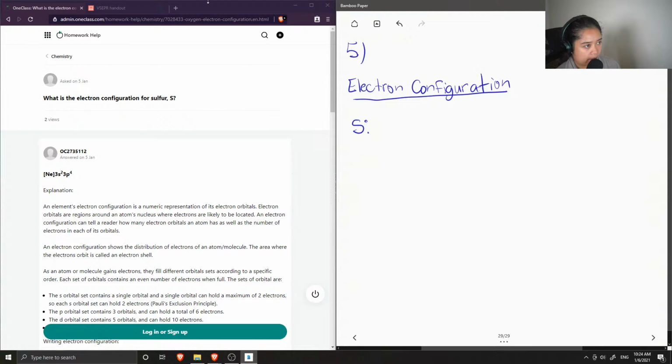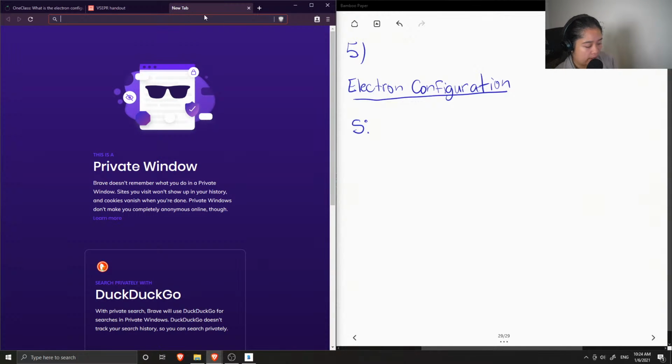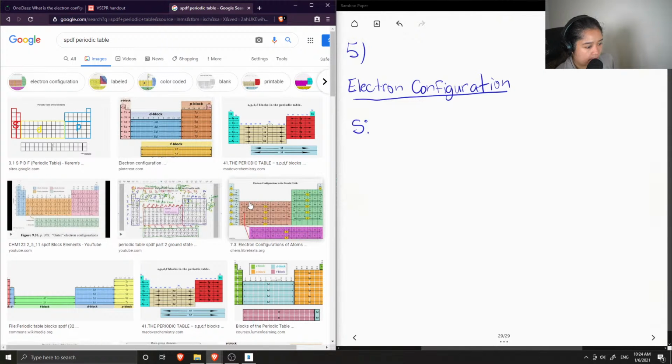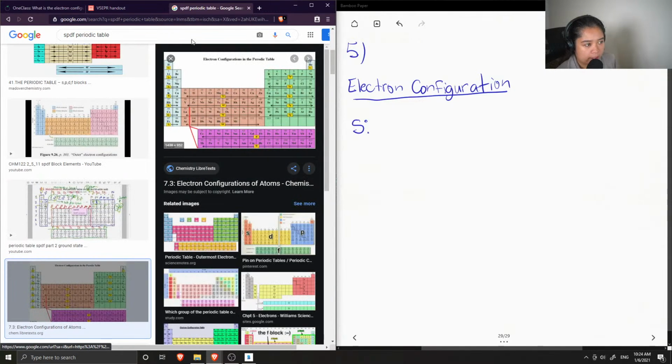So the first step is to section off your periodic table into the different orbitals. So this is an example of what that would look like.